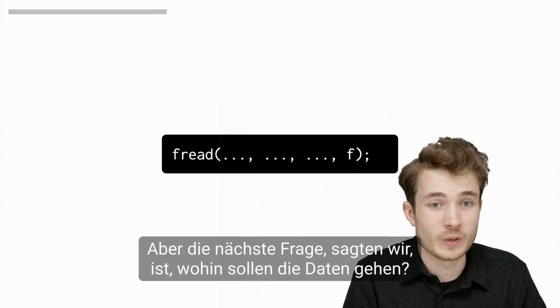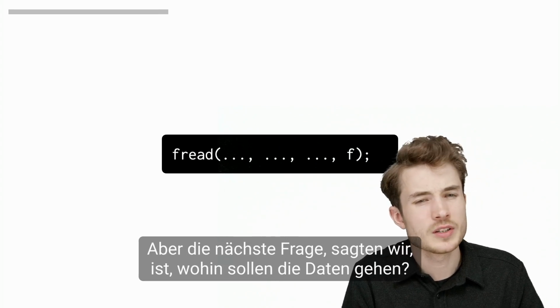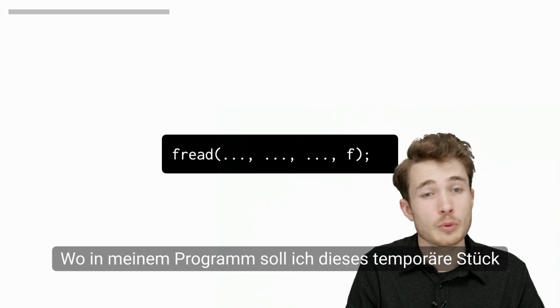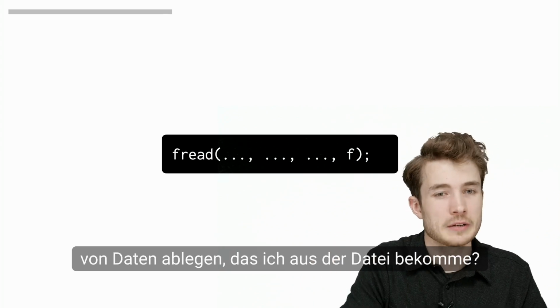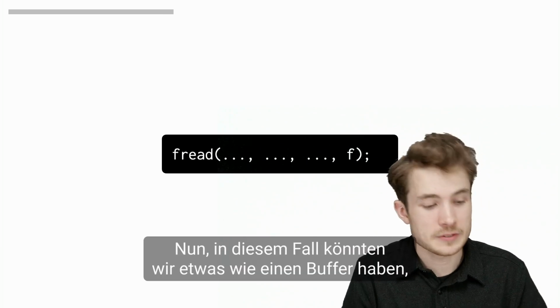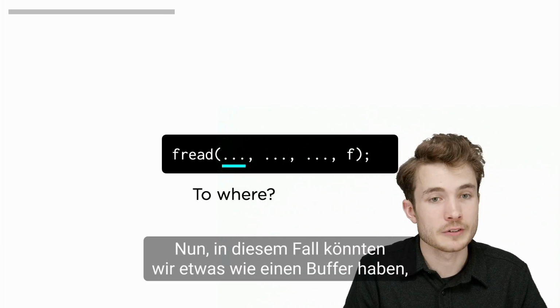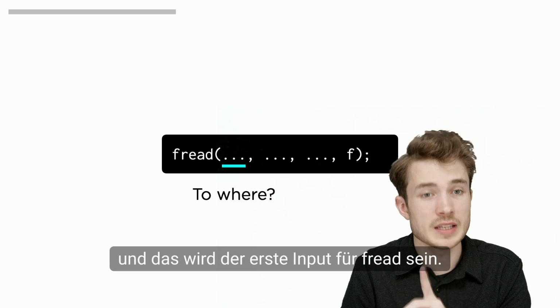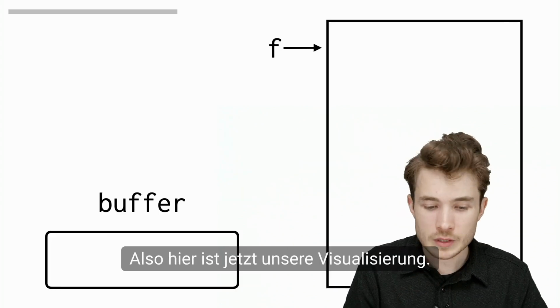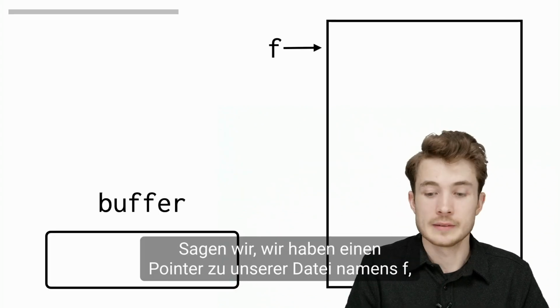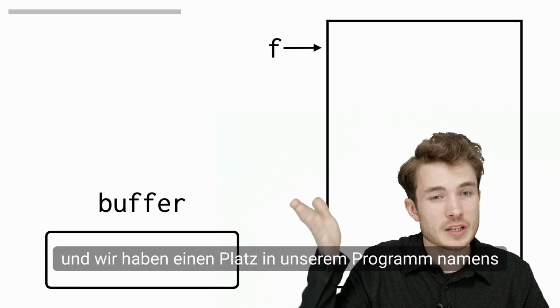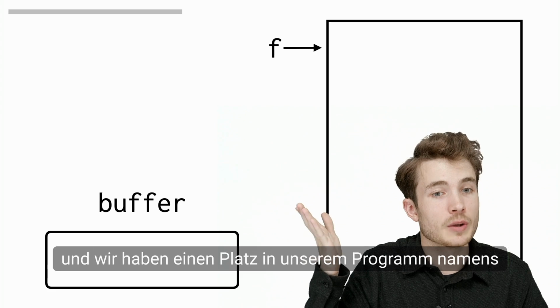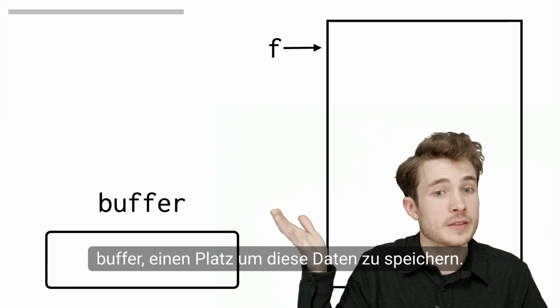But the next question we said is, where is the data going to go? Like, where in my program should I put this temporary piece of data I'm going to get from the file? Well, in that case, we might have something like a buffer, and that is going to be the first input to fread. So here now is our visual. Let's say we have a pointer to our file called f, and we have some place in our program called buffer, some place to store this data.